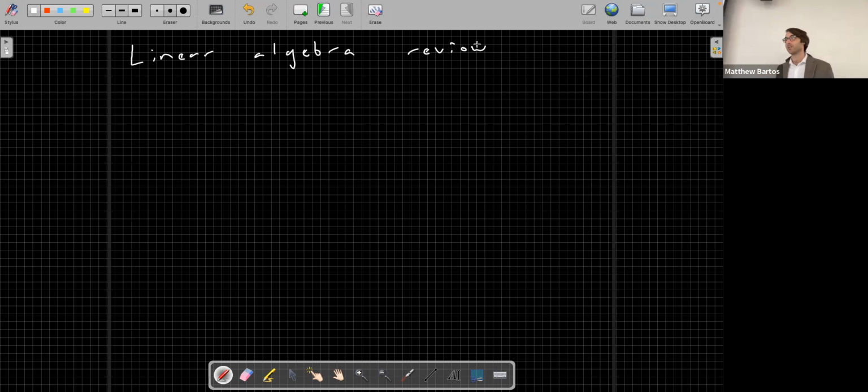Today, we're just going to be looking at the mechanics of linear algebra. So looking at vectors, matrices, how do you multiply a matrix and a vector together? How do you multiply two matrices together, and what's actually happening when you do that?